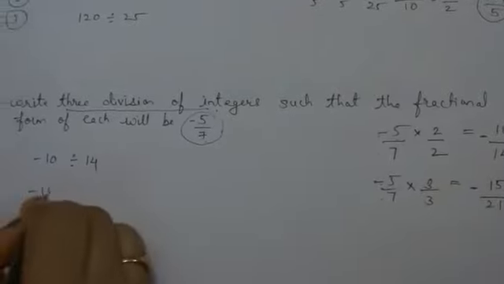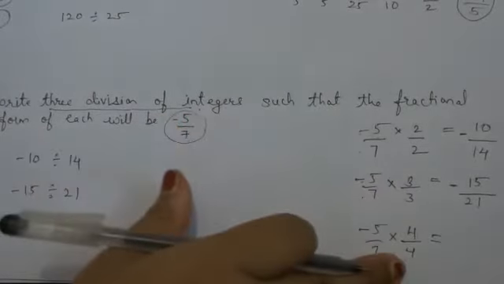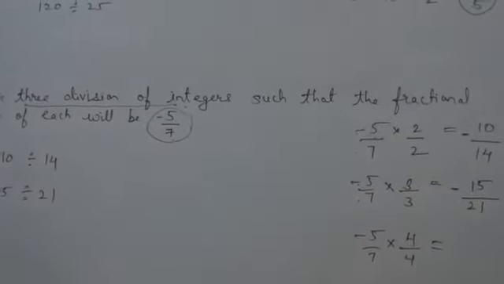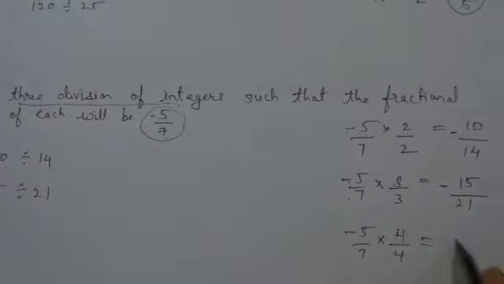One more we want. Take the same fraction. Now multiply by 4. You can take any number. I have taken 2, 3 first. You can take 8, 7, 6, whatever you want. 5 4s are 20, 7 4s are 28. Sign: minus times plus is minus. So the answer is minus 20 divided by 28.